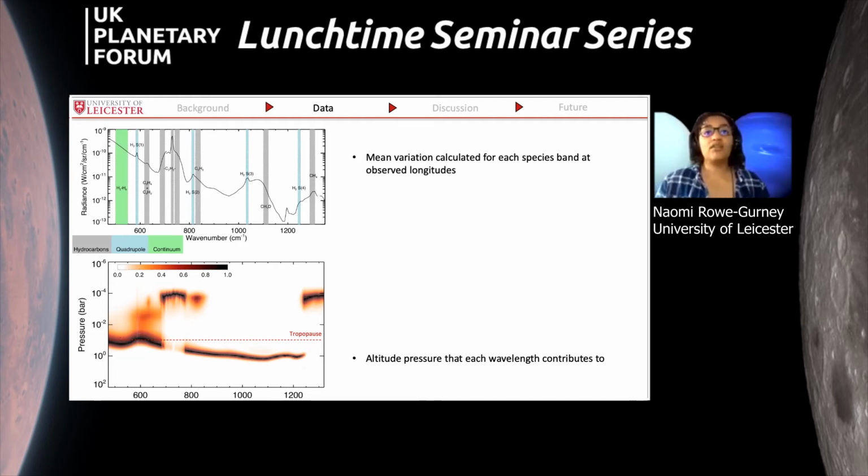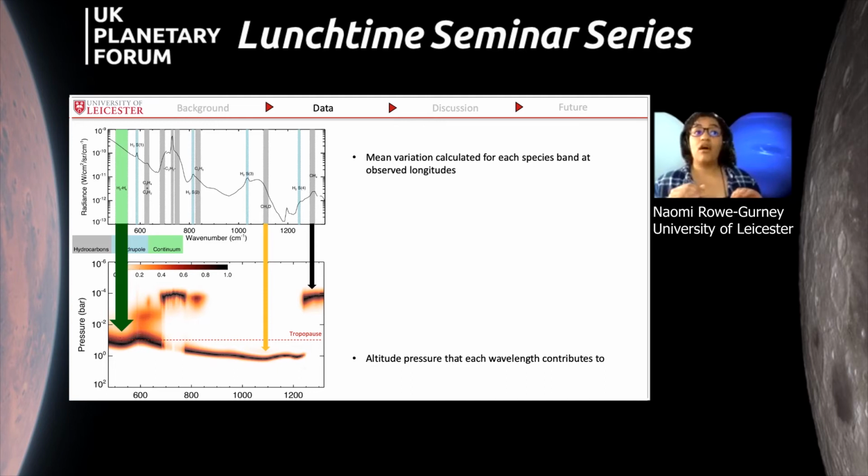So again, I've marked on the tropopause there, so everything above it is the stratosphere and everything below it is the troposphere. So if we take an example species, let's take methane. Methane contributes to the stratosphere at around 10 to the minus 4 bar. And CH3D, which is monodeuterated methane, and the hydrogen-helium continuum, they both are contributing to the troposphere.